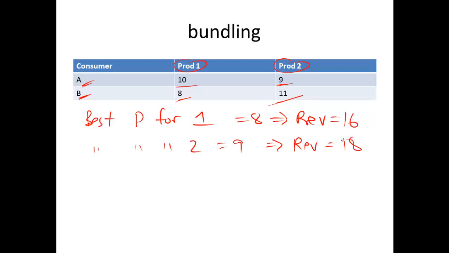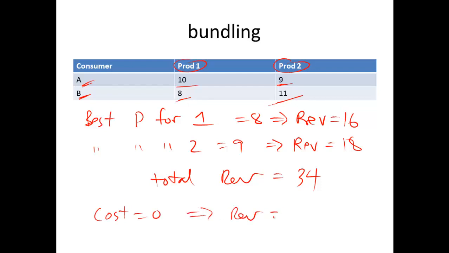In the event we sell these both at their best sold-separately prices, our total revenue is going to equal 16 plus 18, or 34. Now let's just say that in this problem, just so that I haven't misspoken, costs are 0. So revenue equals profit. And again, selling separately, the best we can do is to get revenue and profit of 34.